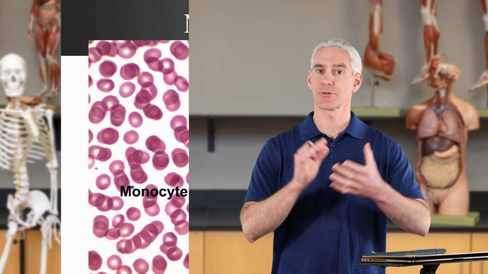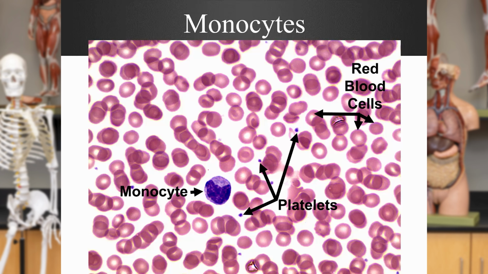So blowing this up to full screen, what you're seeing is the monocyte right here in the middle. Notice the nucleus does not take up the entire size. Instead, you have the nucleus taking up maybe 2/3, 3/4. I kind of like to think of this more as Pac-Man. Pac-Man is meant to go out there and eat, eat, eat.